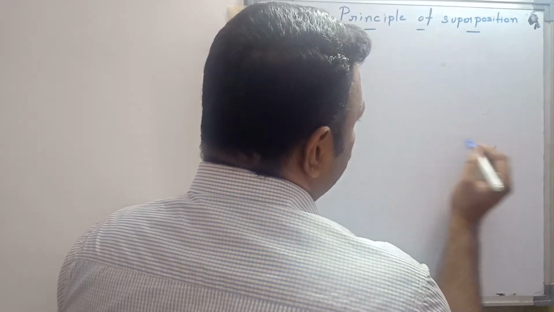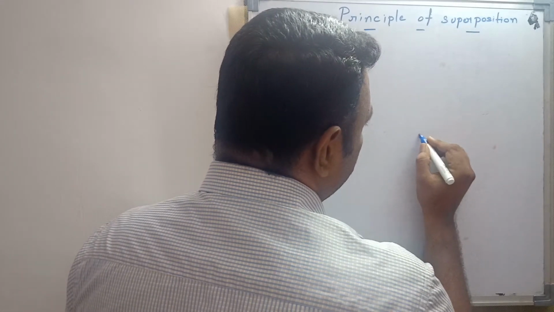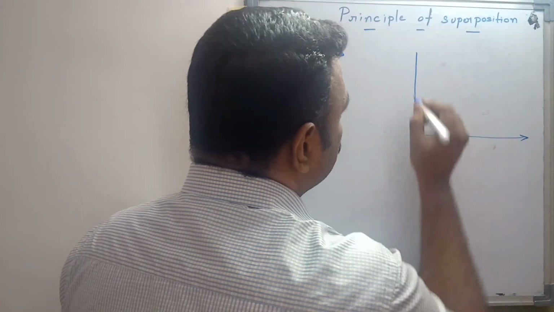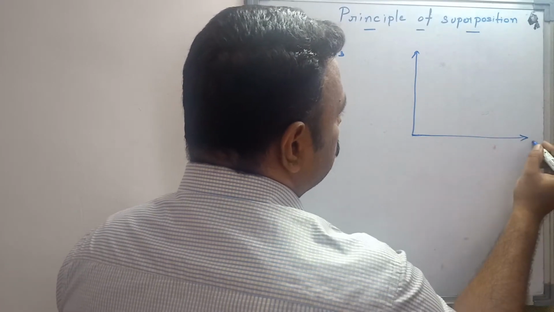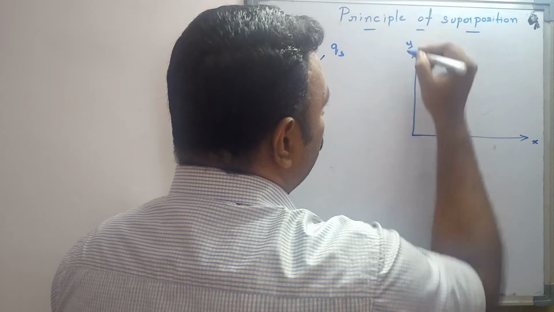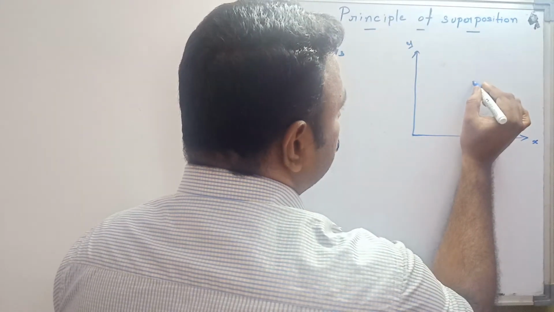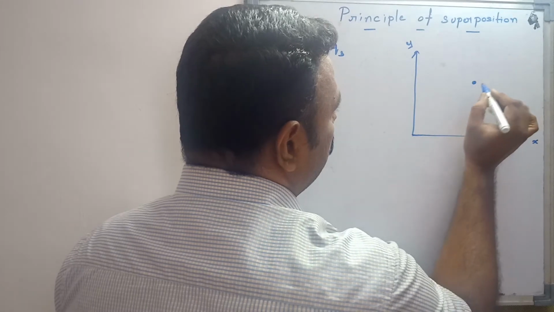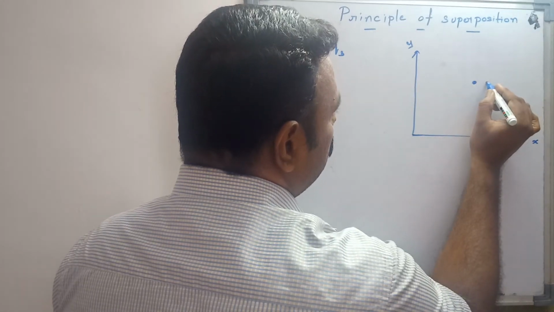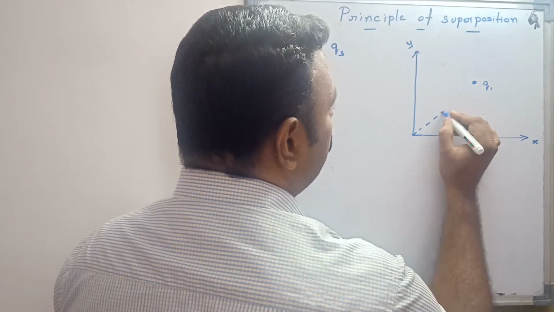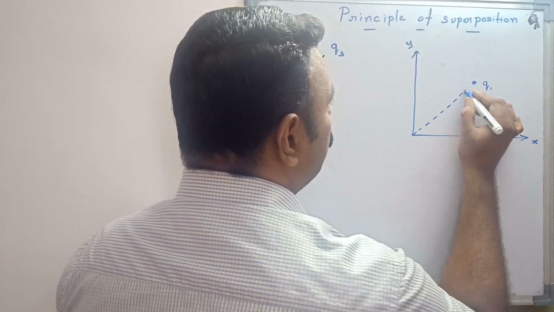So for this, to understand the vector positions, we will make coordinate axes, that is x and y. This is the x coordinate and y coordinate to indicate the position of the 3 charges. Imagine that one of the charges, Q1, is located somewhere from the origin at the position of R1 vector.